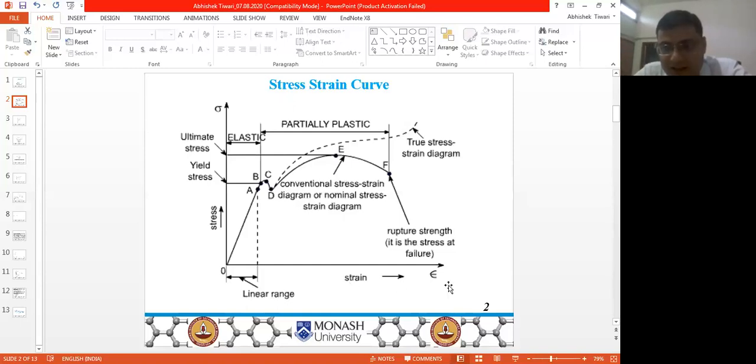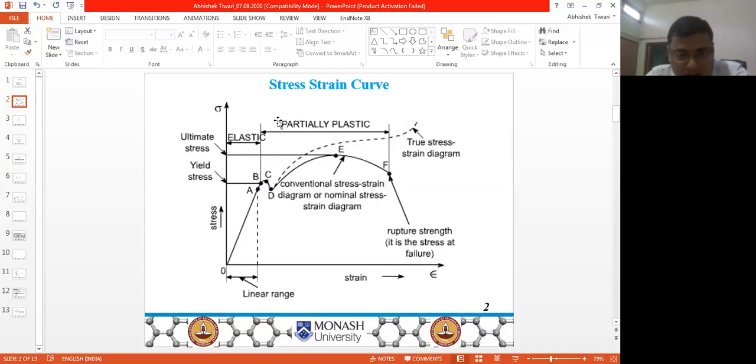So we can get the final deformation delta L with the integration of dl, and we can get the final elongation.